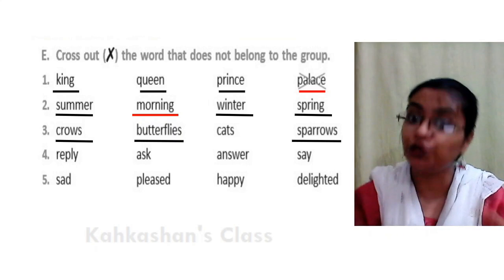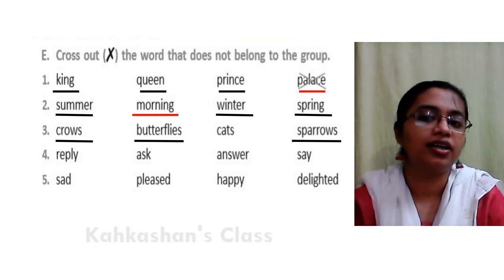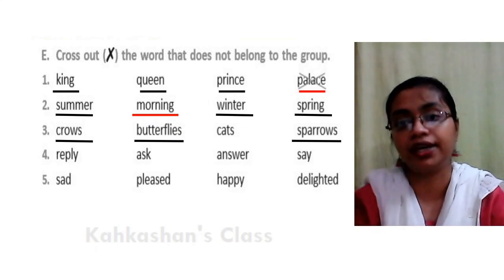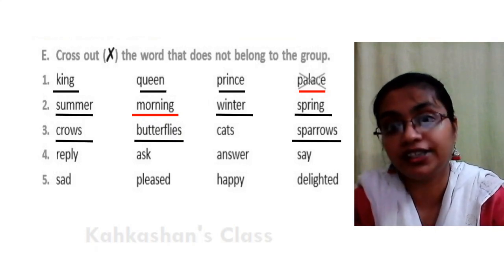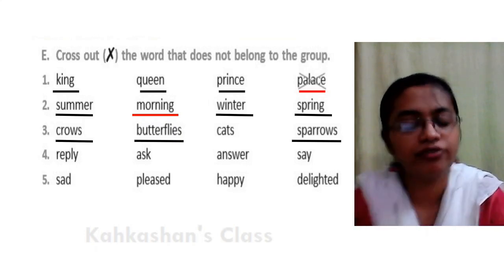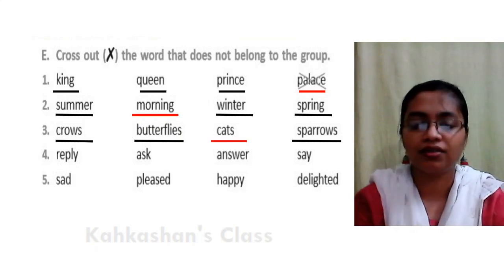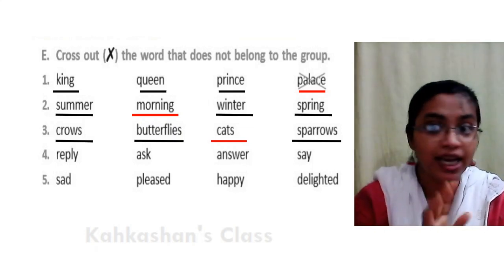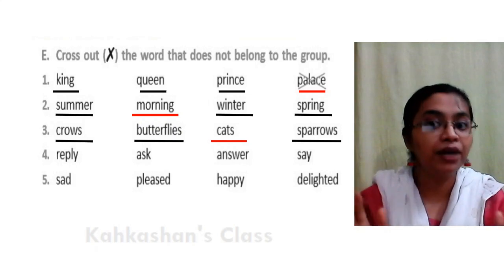Sparrows can also fly. But cats can't fly. Do cats fly? I haven't seen any cat flying. Maybe only in magical stories. But in real life, cats don't fly. They don't have wings. So you have to cross it out because cats don't belong to the flying birds category.